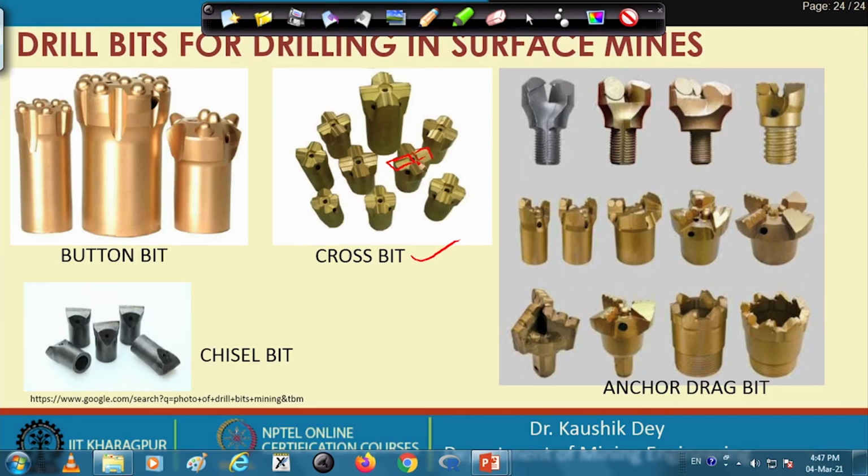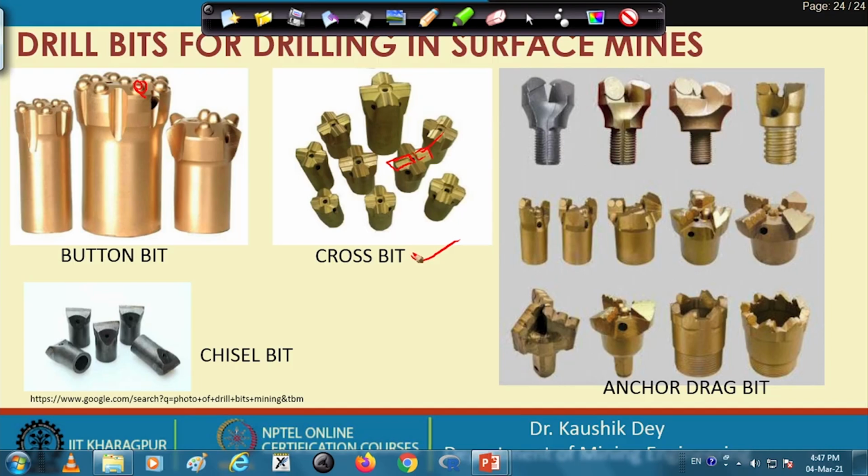That is why these tungsten carbide tips, which are deeply impregnated in the bits, give better resistance, and in case of abrasive material it is not eroded very easily. In the button bit, in abrasive material, this part is eroded very easily. So, in abrasive and hard material we generally opt for the cross bit.